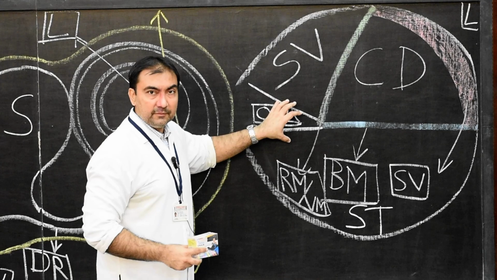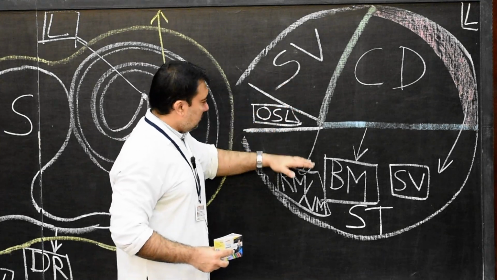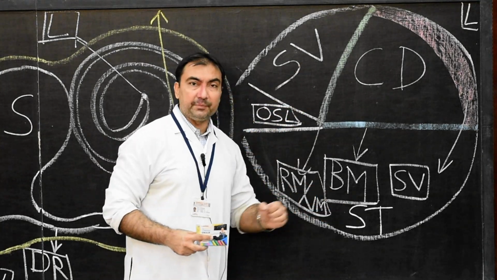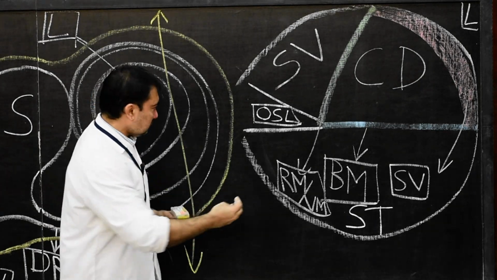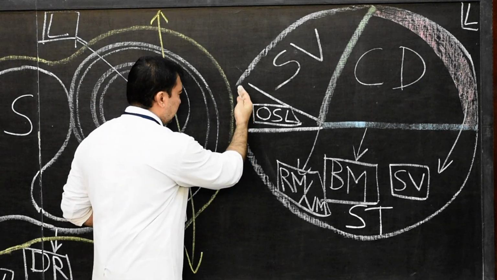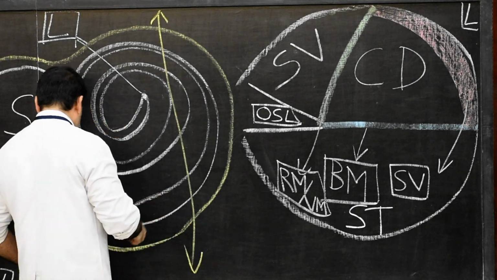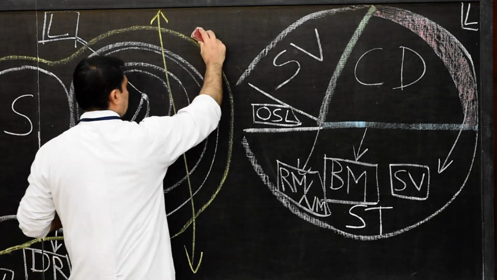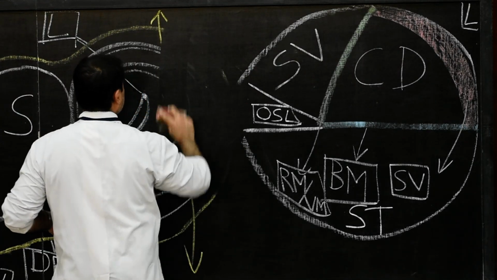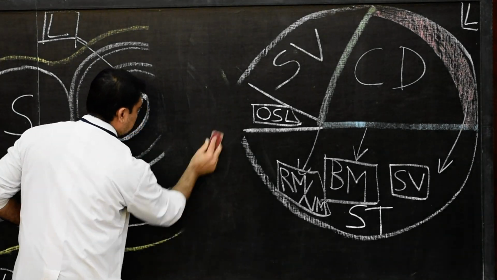The osseous spiral lamina is separating scala vestibuli and scala tympani. Now, connected to the osseous spiral lamina here, I will draw a triangular piece of bone. For that I need to rub here and create some space. This portion I have to rub.